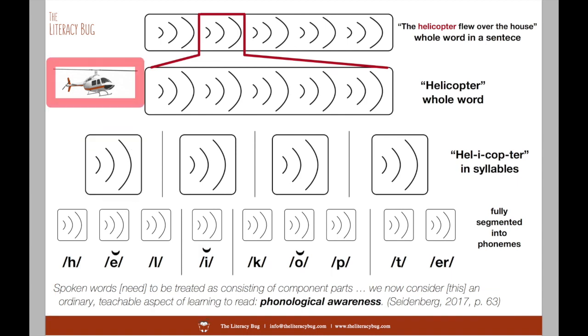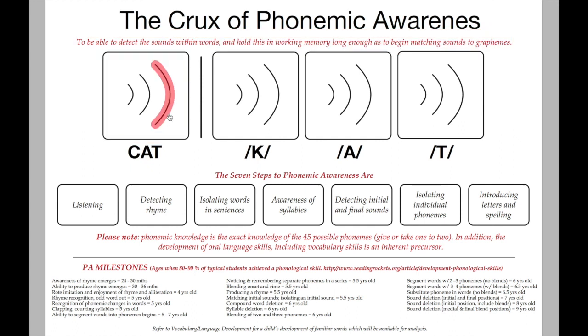So the crux for phonemic awareness is that first children need to listen, detect rhyme, isolate words within a sentence, be aware of syllables, be able to detect initial and final sounds, isolate individual phonemes, and introduce letters and spelling.